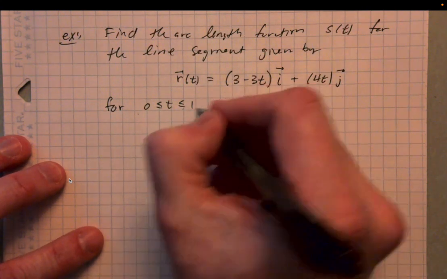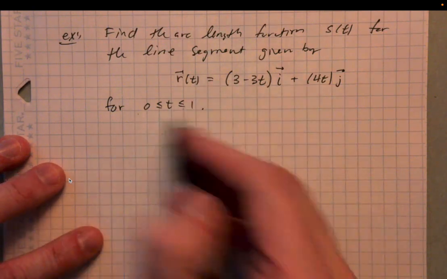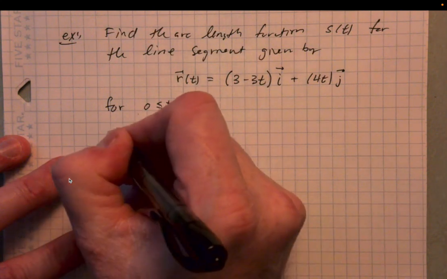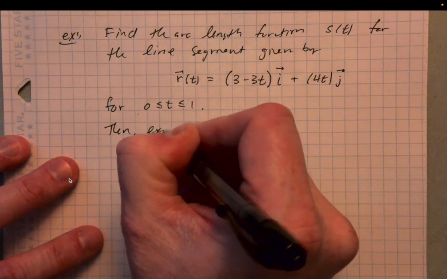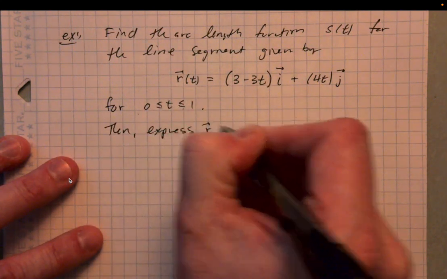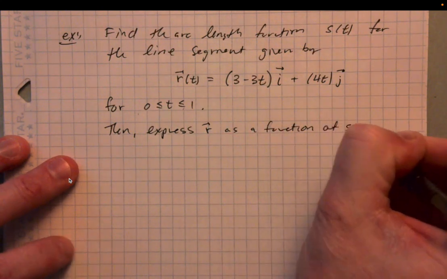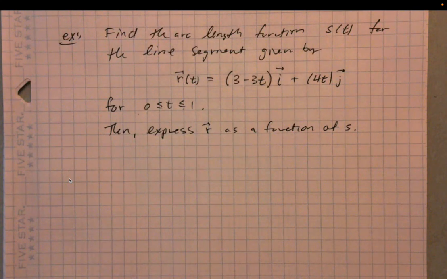And secondarily, once we've done that, let's express r as a function of s. Once we have the arc length function, let's plug the arc length parameter into r, so let's convert r to a function of s.